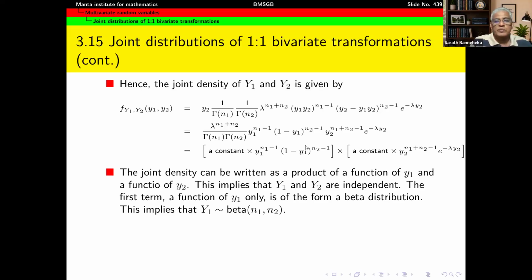So therefore, very easily we can identify that the marginal density of y1 has to be a beta distribution with parameters alpha equal to n1 and beta equal to n2, right? So this is an example where you don't have to really integrate, even though you integrate this part when you're integrating with this full and that part will be completely one, and therefore the other part will be the answer, right? Okay.